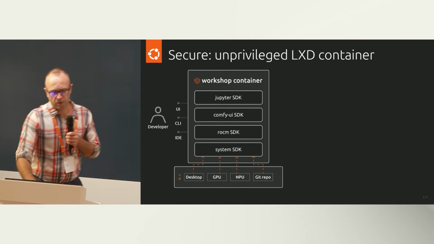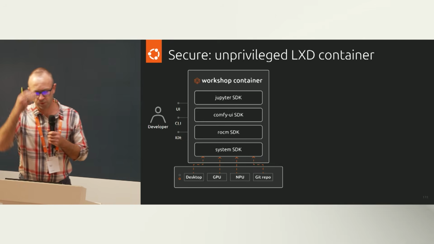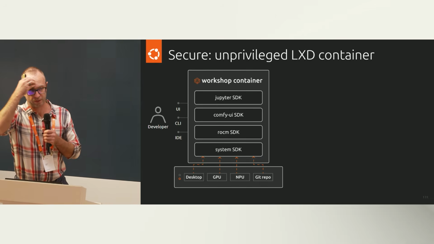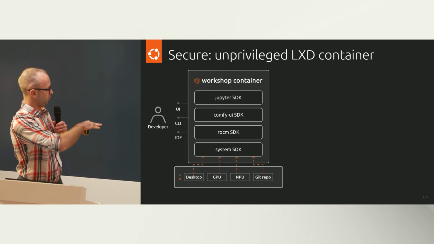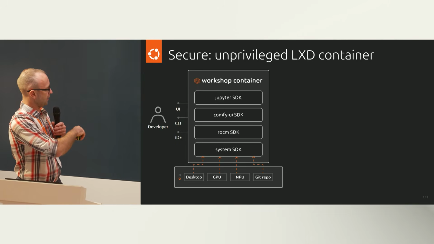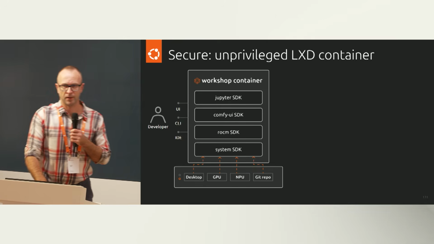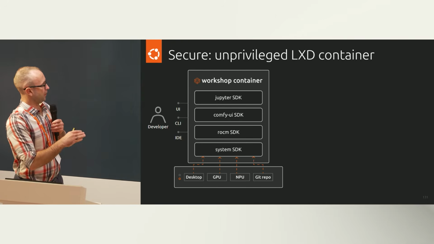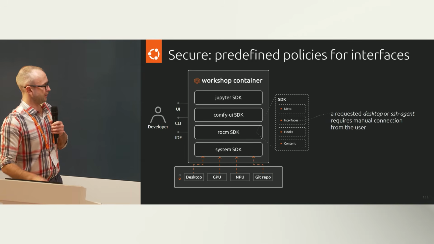Now let's talk a little bit about security. When we say it's secure, we mean that we have very limited access to the host resources from within the workshop. We implement that through the mentioned interface system, and in the beginning, a workshop starts as an unprivileged LXD container.